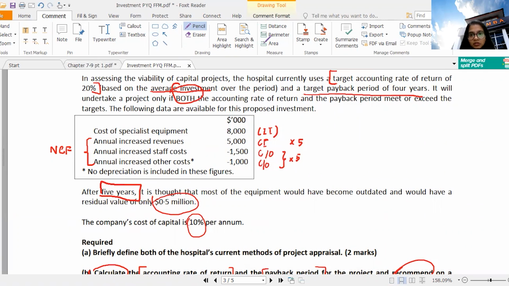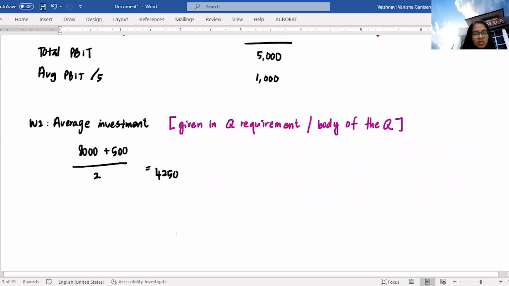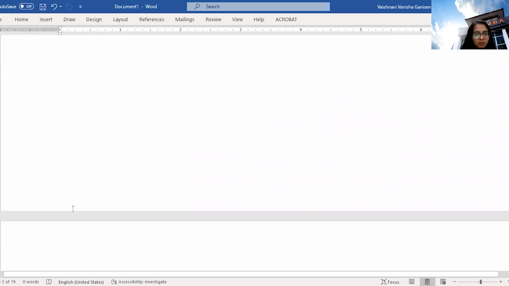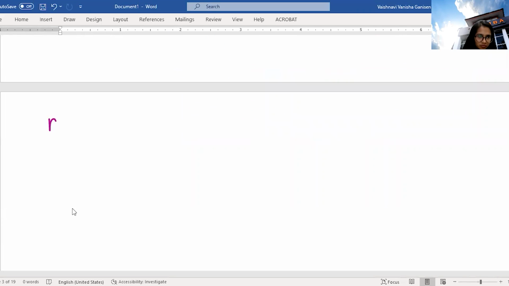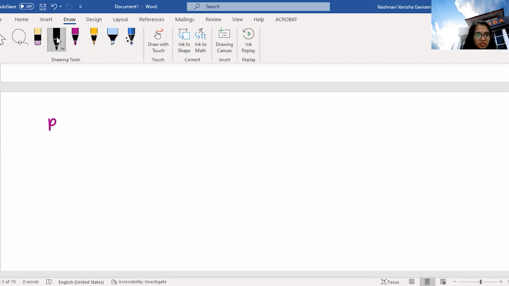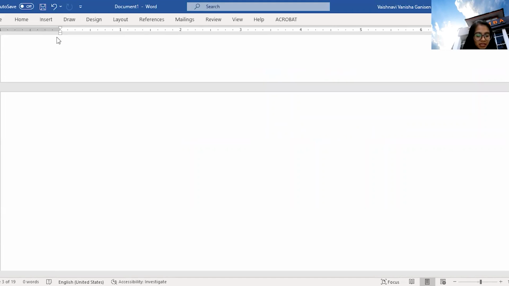Okay, guys, I'm going to go to a different screen. I'm going to show you how to do it, and I'm going to show you both methods. That means I'm going to show you the method using the formula and also the table. So tabular method and formula method.